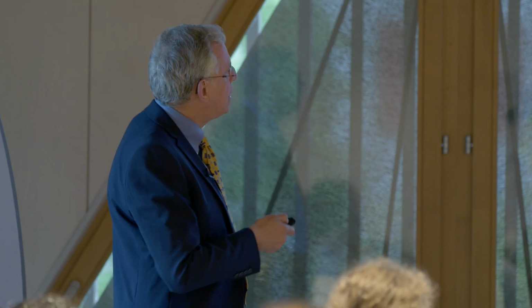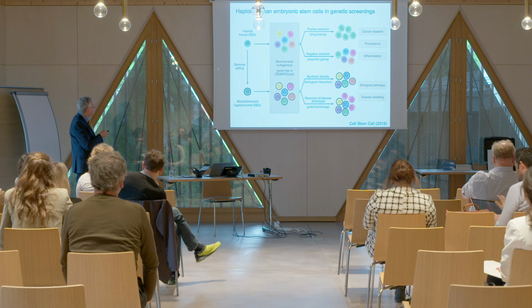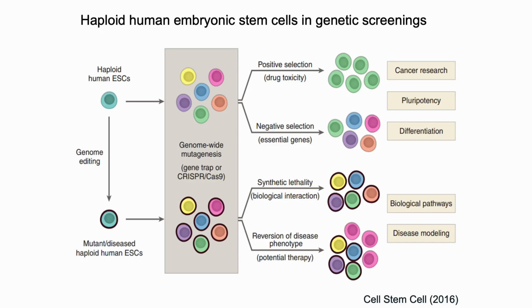Most of them will die in utero, but some of them will end in an abnormal newborn, and we could study that. But the most important thing, in my opinion, to use haploidy is for genetic screening, as this is a very robust way of screening. What we are doing is mutating each gene in the human genome, and each cell has 1 mutation in 1 gene.